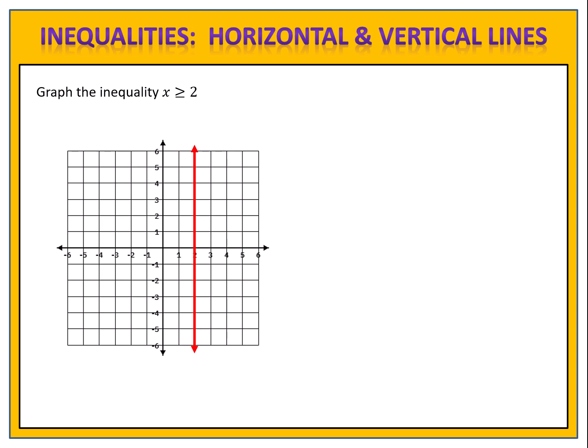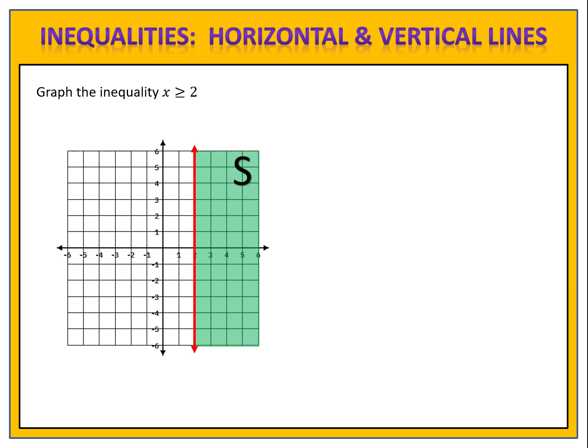Now we have to decide where to shade. We want x values that are greater than or equal to 2, so we look at the x-axis and find where the x values are greater than or equal to 2. In this case, it's on the right-hand side of the line, and so that's where I shade. As always, I label my solution set with the letter S.